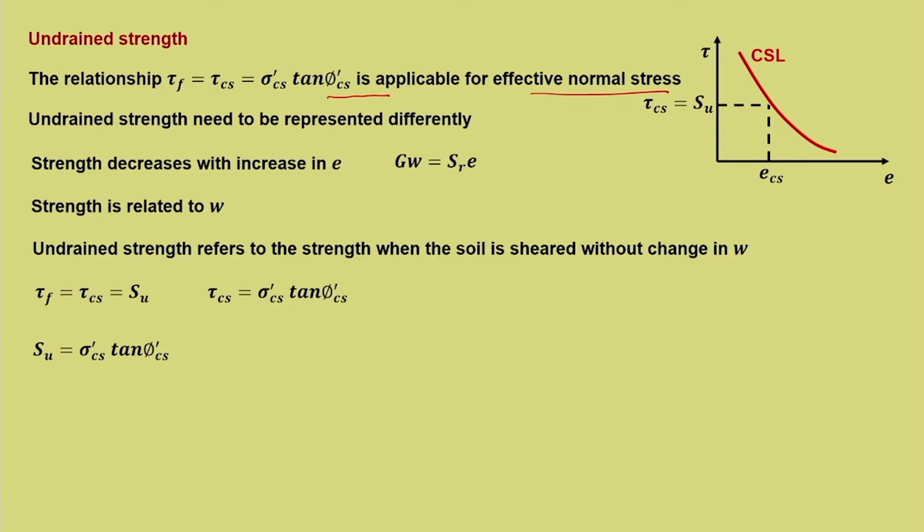Based on our previous understanding, please refer back to module 2. When we discussed the UU test, we have only one effective stress circle, because of which we are not in a position to define the effective stress Mohr Coulomb envelope.